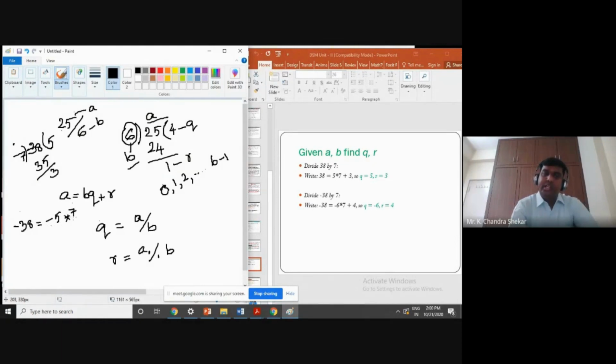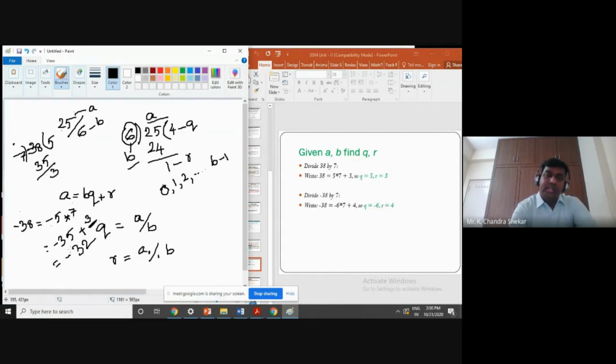Minus 5 into 7 is minus 35. Now plus remainder. If I add remainder 3, minus 35 plus 3, I get minus 32. So I am moving away from the number. I am not coming closer to that number. My number is minus 38, but I already got minus 35, which is moving away.